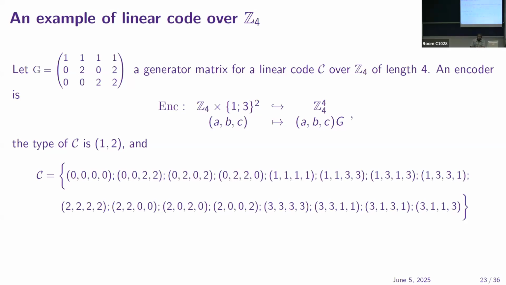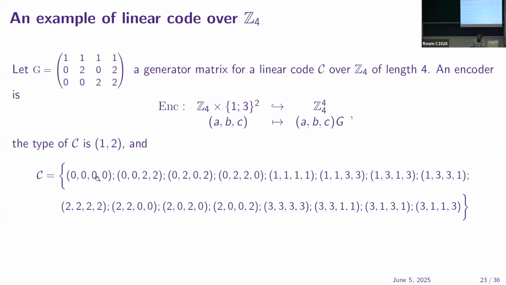And the set of messages is given by Z4 times this set to the power 2. We can see that the number of elements of Z4 is 4. The number of elements of this set is 4. 4 times 4 is 16.